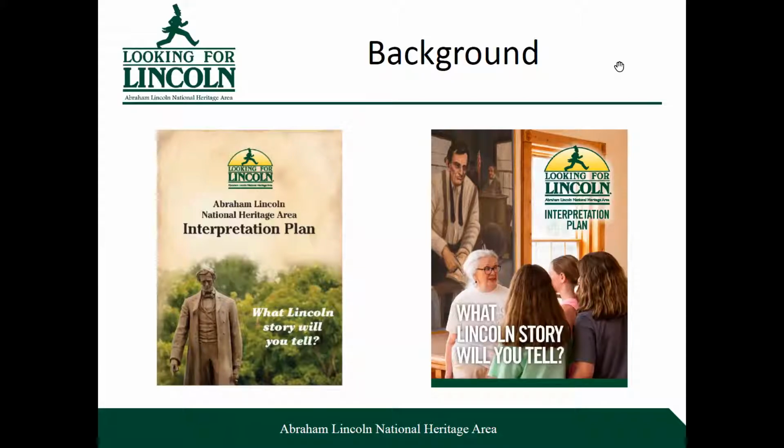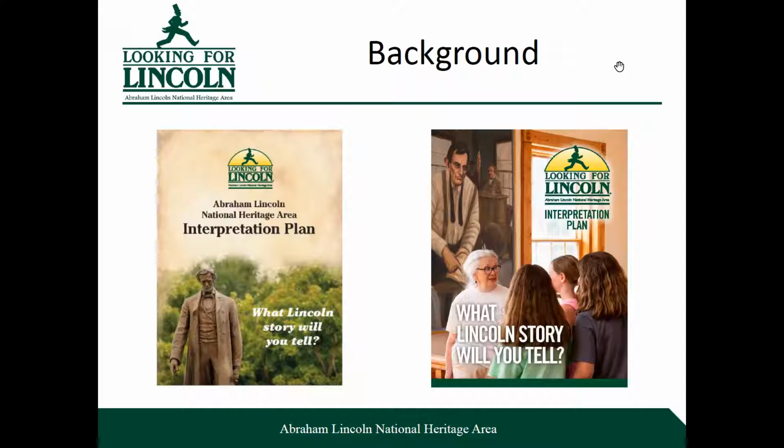It was created many years ago, shortly after our management plan from the National Park Service was approved. A lot of what we're going to be reviewing today didn't change from the old interpretive plan, but we did update some things. For instance, some of the ways we're telling stories in the heritage area have changed in that time.